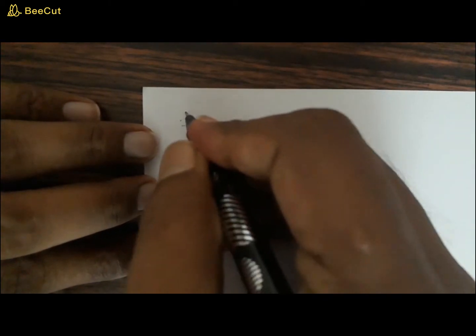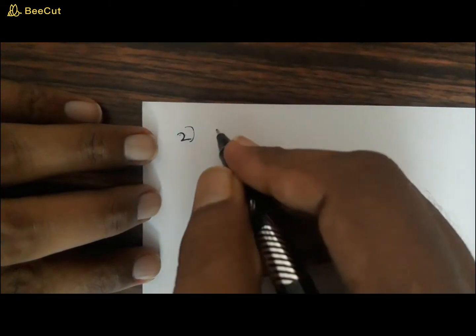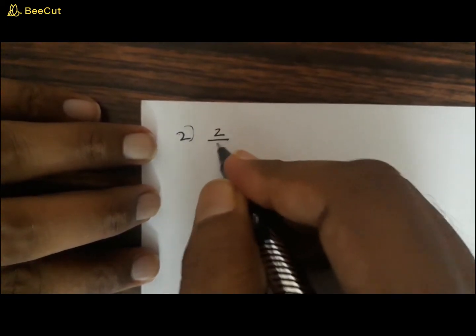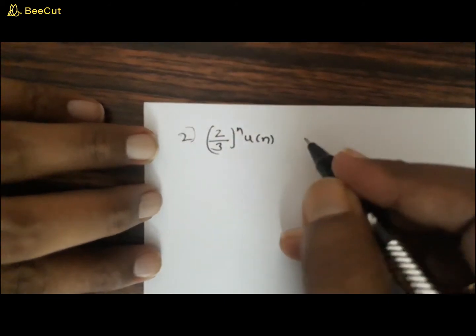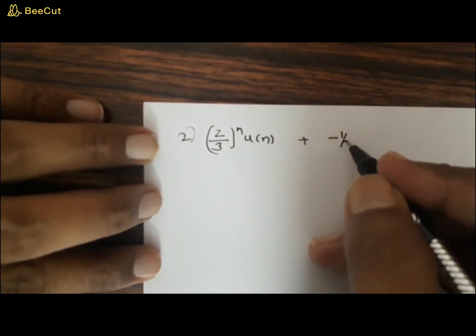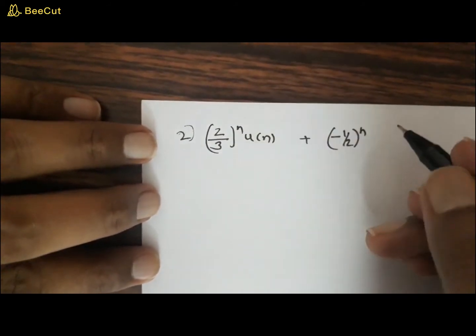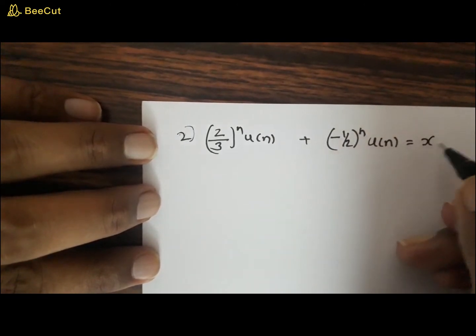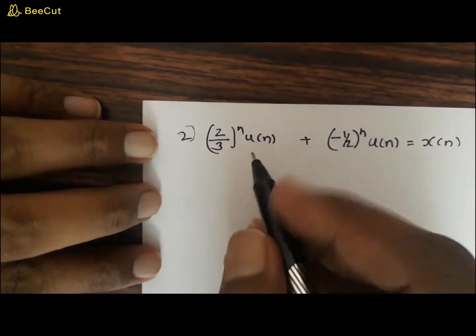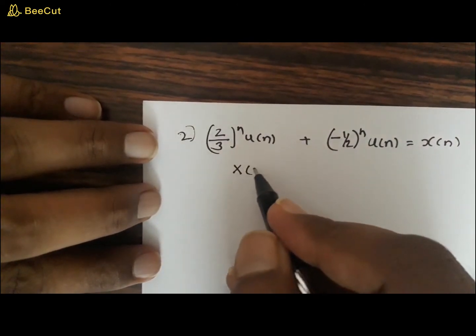Now let's move on to the second problem. The second problem is: find the z transform of 2 by 3 raised to n into u of n plus minus half raised to n into u of n. So this is your x of n. Now you are supposed to find your x of z.